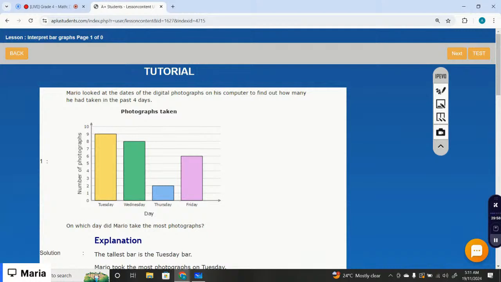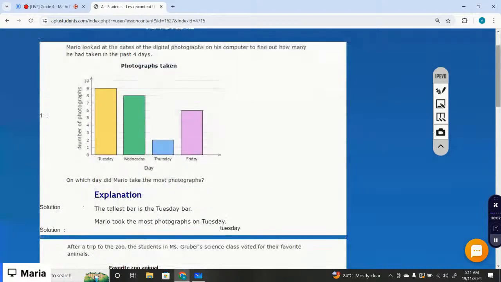Mario looked at the dates of the digital photographs on his computer to find out how many photos he had taken in the past 4 days. On which day did Mario take the most photographs? So, which is the correct option?